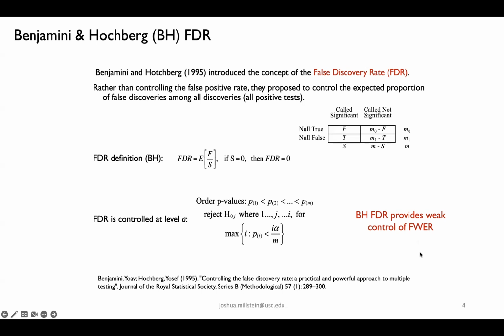A nice property of this FDR is that it has weak control of the family-wise error rate. That is, if the global null is true, so there are no false null hypotheses, then the BH method controls the family-wise error rate. And you can see an obvious link between the Bonferroni method and the BH FDR. If we have one discovery here, then it is the same as the Bonferroni method. We're just dividing alpha by m.